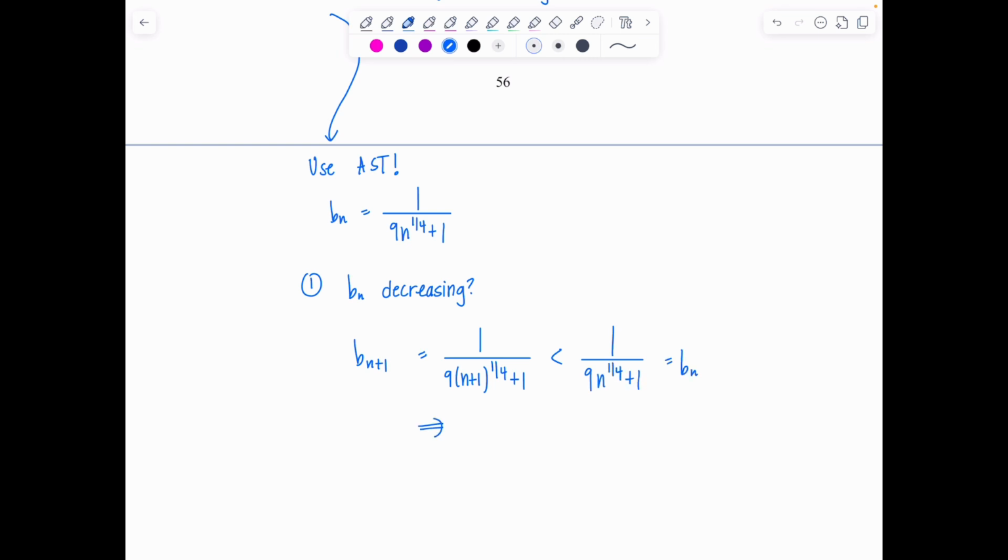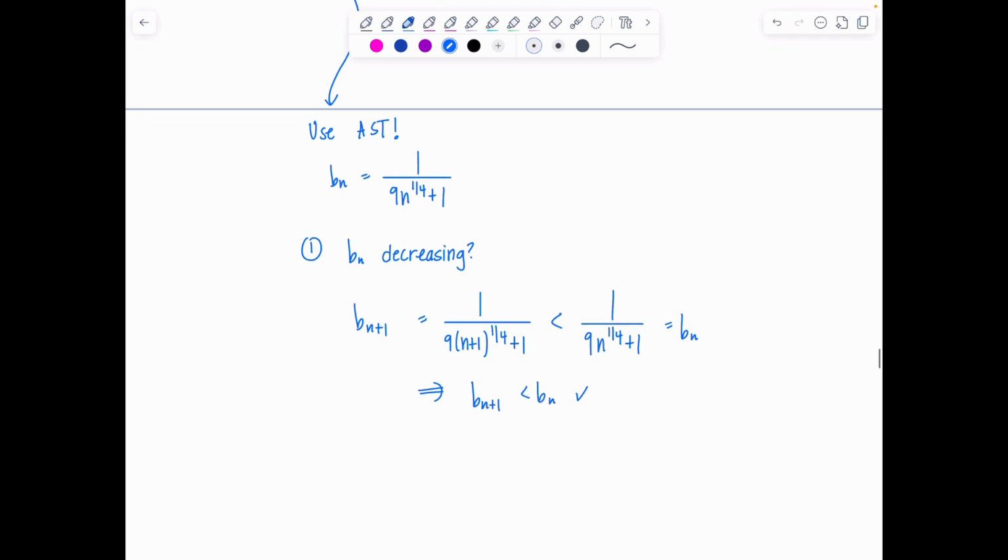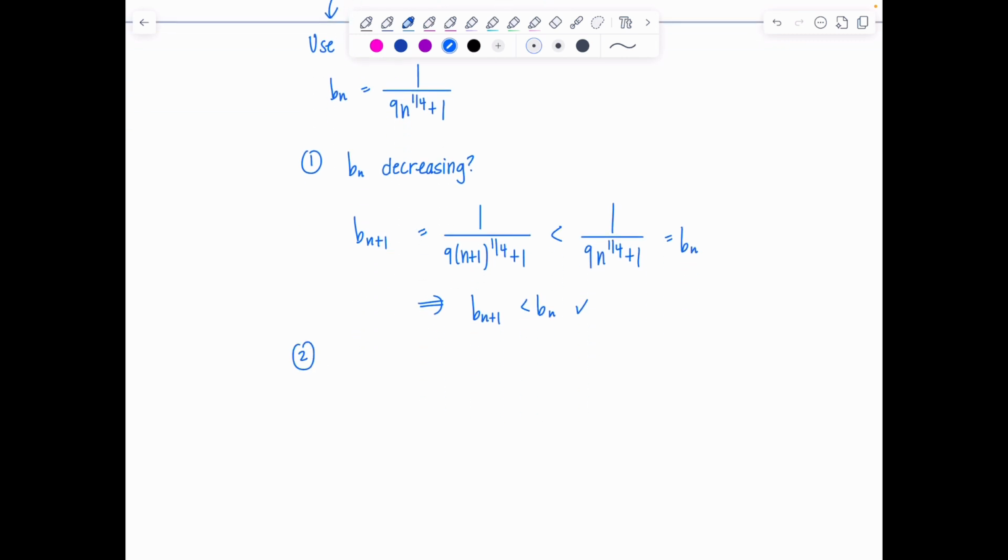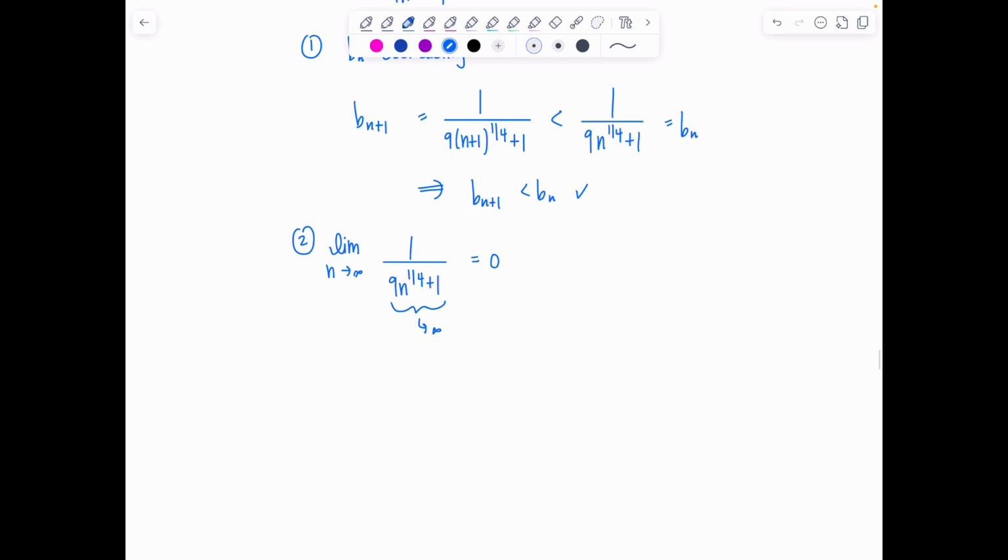So I just showed b sub n plus 1 is less than b sub n. That's decreasing. The second thing I want to check is the limit as n goes to infinity of b sub n. The denominator is getting very, very large, the numerator's constant, so it's 0. Perfect. Both conditions of AST are satisfied.